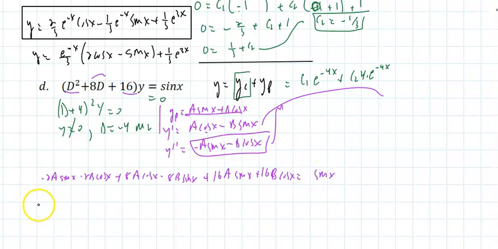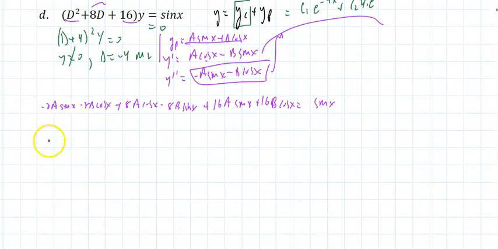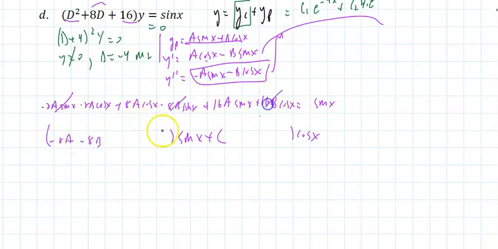So if I take the coefficients with a sine, coefficients with a cosine, negative 2a minus 8b plus 16b and negative 2b plus 8a plus 16, take that back.